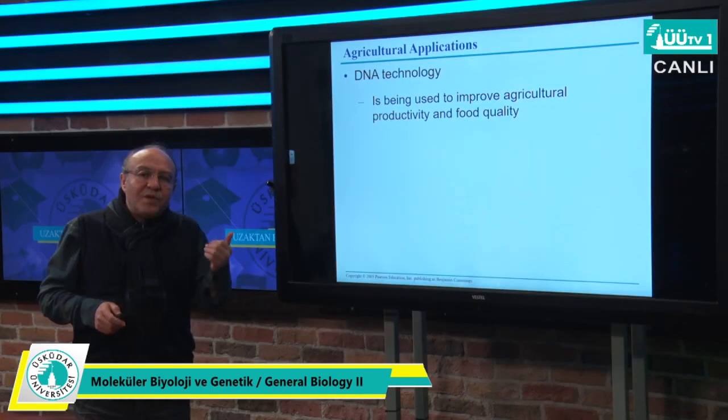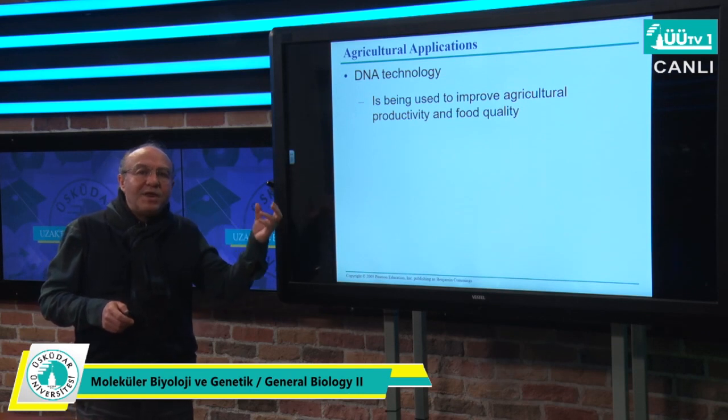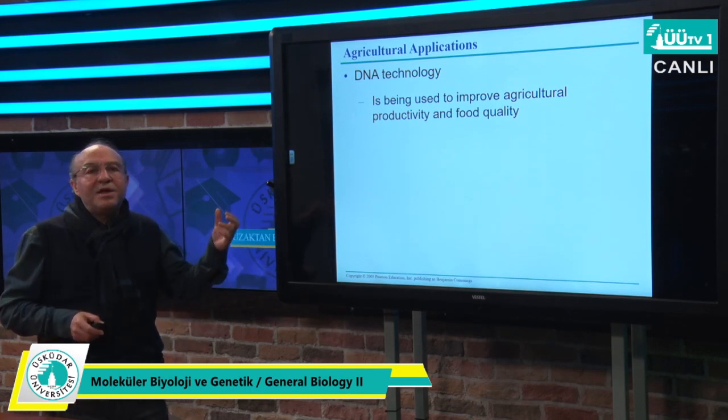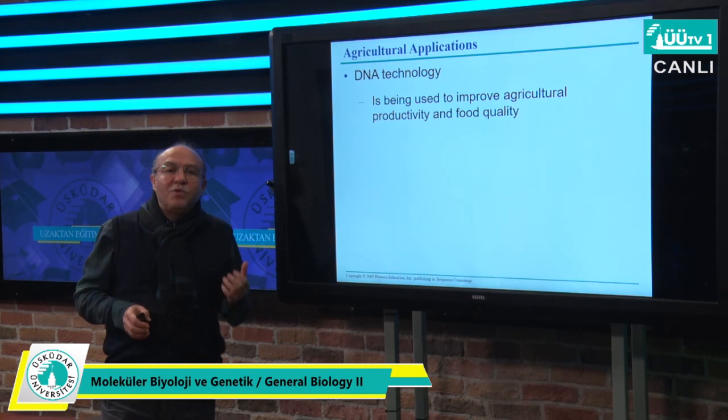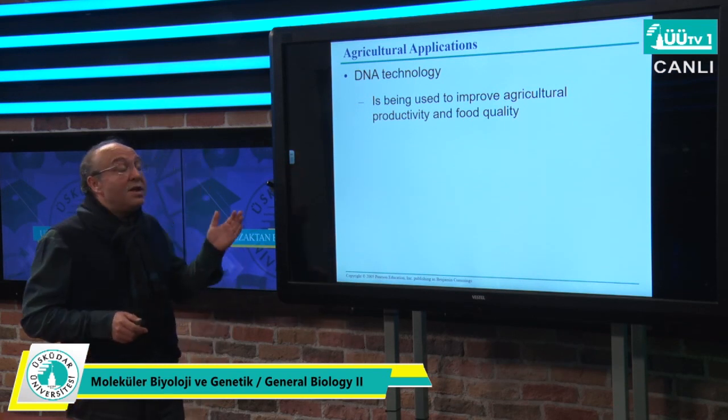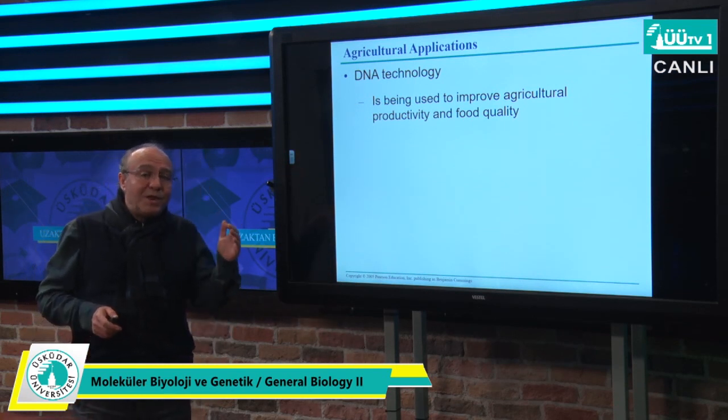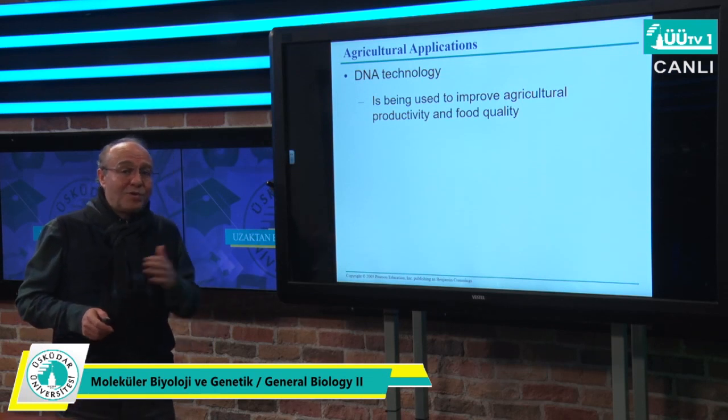When we talk about these kinds of things, people mainly think about genetically modified organisms, but genetically modified organisms are not only plants, and there are lots of different kinds.